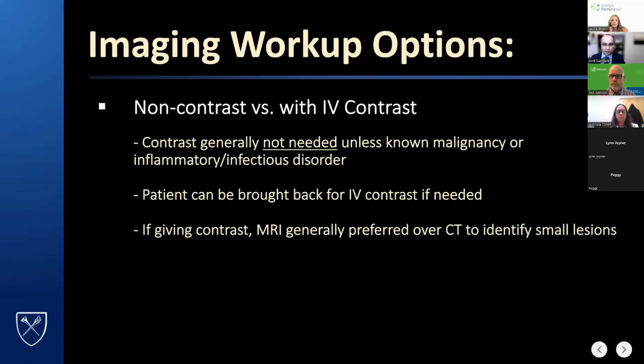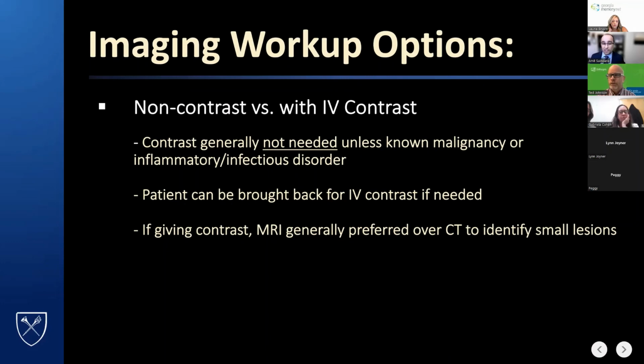Was there some other diagnosis, such as a cancer diagnosis, and now I'm potentially worried that I'm missing cancer lesions, but I just wasn't given that history. If somebody does have a known malignancy or there's a really compelling other reason to give contrast, that's fine, but specifically for the workup of dementia, in my opinion, there's really no need for it.